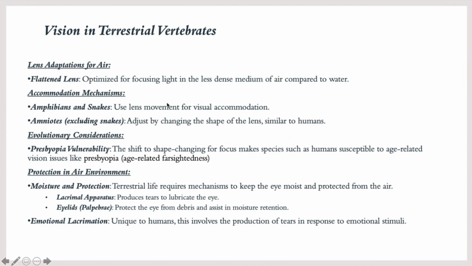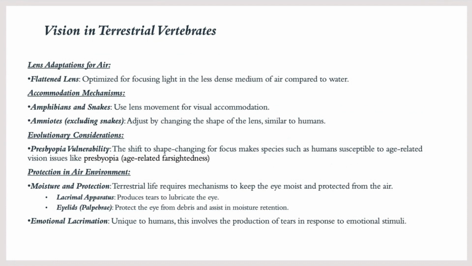Now that they're living on land, amphibians and snakes move the lens in order to see things properly, whereas the amniotes, so all the other reptiles, birds, and then mammals, change the shape of their lens, just as humans do.